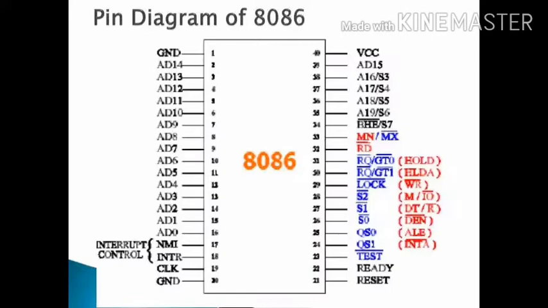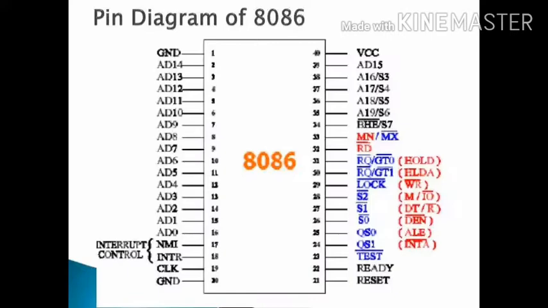As you all know, the non-maskable interrupt is a positive-going edge-triggered interrupt, and it cannot be disabled or enabled using any software instruction. It is to be used in an emergency situation, like power supply failure or emergency shut off.